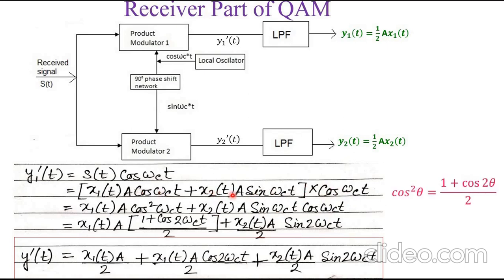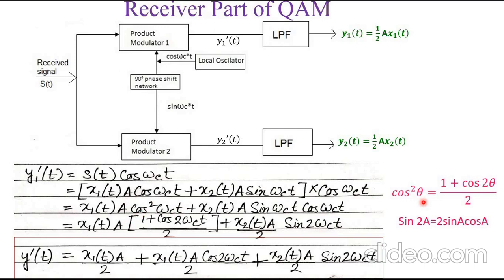Now we know the formula of cos squared theta. What is the formula of cos squared theta? Cos squared theta equals (1 plus cos 2 theta) by 2. Here cos squared omega_c t is present, so we apply this formula.